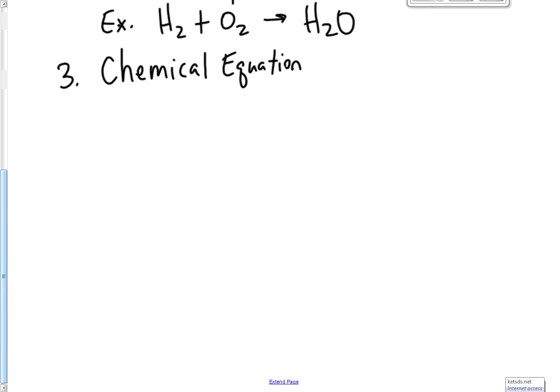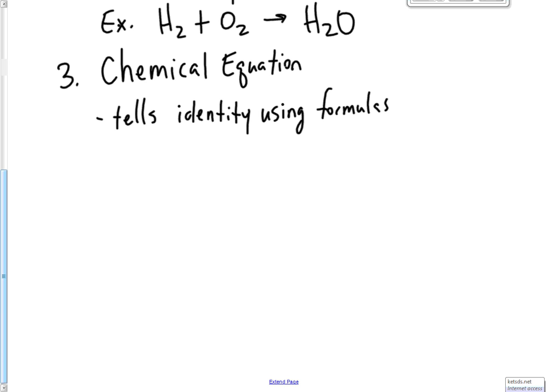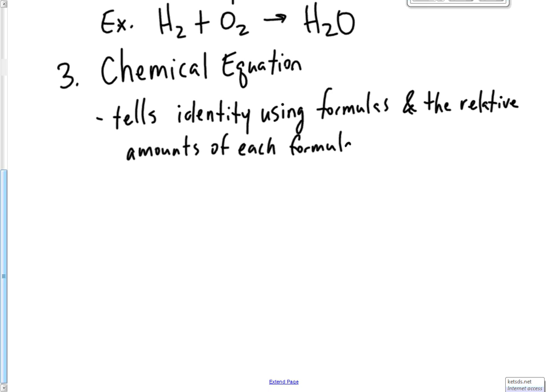And in a chemical equation, you have the identities, formulas, relative amounts of each formula.